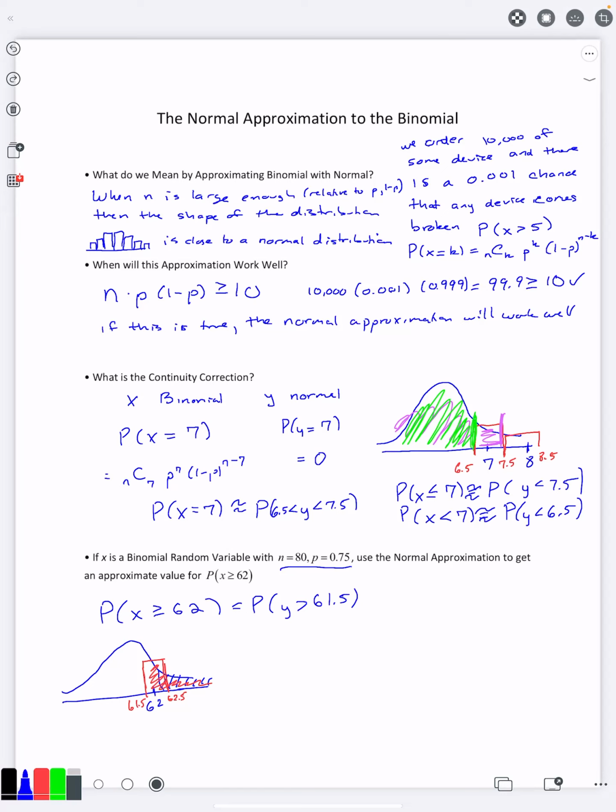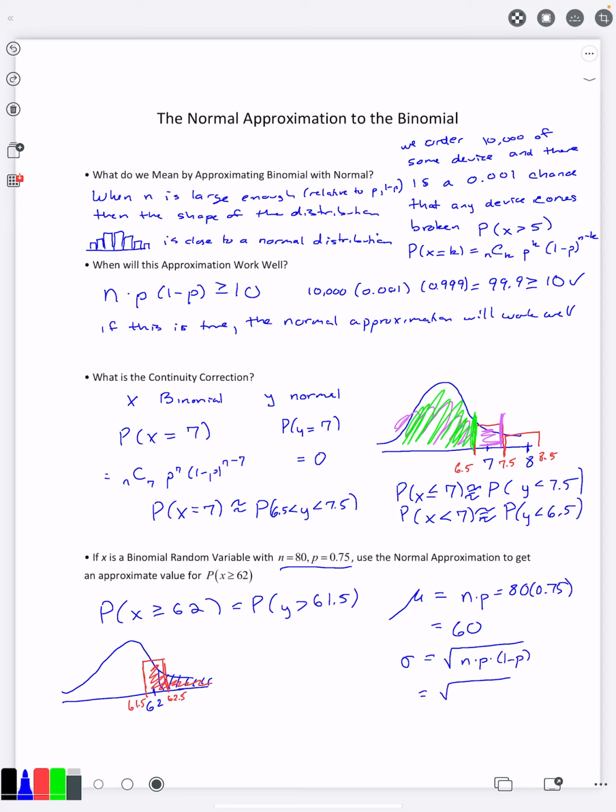Now, that's the area we're going to look for in our graphing calculator. We also need our mean and our standard deviation. We know from binomial random variables that the mean is n times p, from an earlier chapter. So that's 80 times 0.75, which is 60 for our mean. For our standard deviation, that's the square root of n times p times (1 minus p).